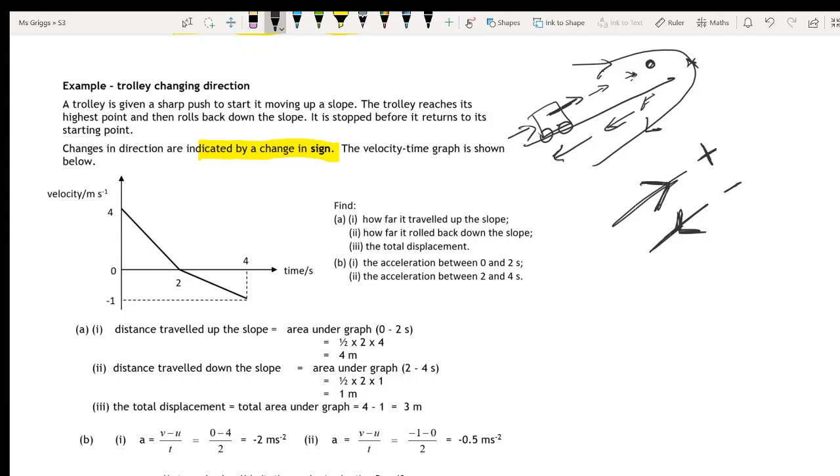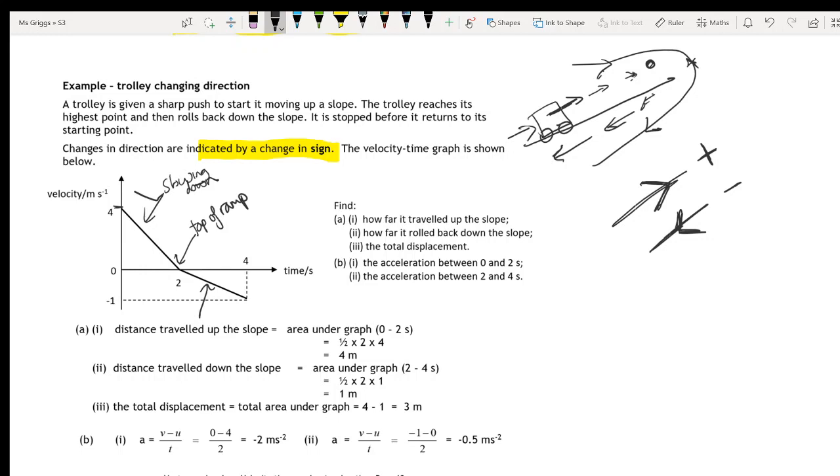Okay, so we can see the graph here. It starts off at 4 meters per second when you push it, and it slows down as it goes up the ramp until it's at the very top of the ramp when it reaches 0. Okay, so this is it slowing down. Reaches the top of the ramp, then it changes direction and comes back the opposite way.